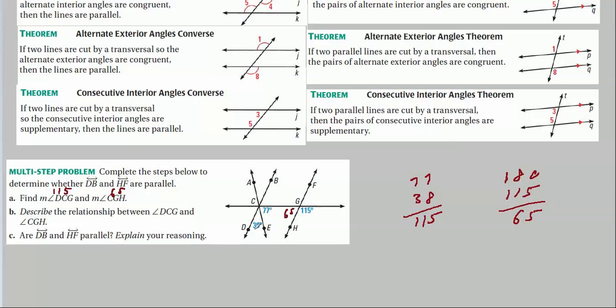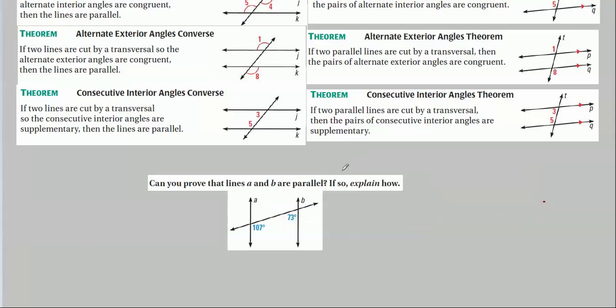So this 115 and 65, they're supplemental, which means these two lines are parallel. That's the consecutive interior angles converse theorem. So even when you do this the long way, it's pretty quick and easy. Might have been quicker if I didn't talk so much, but you get the idea.